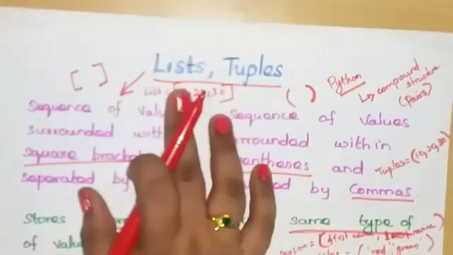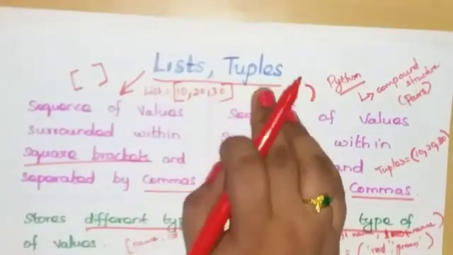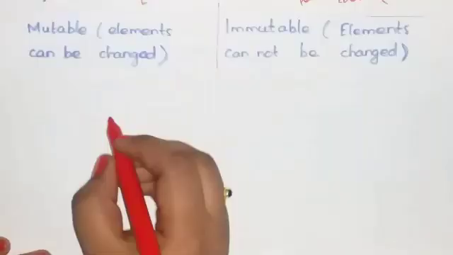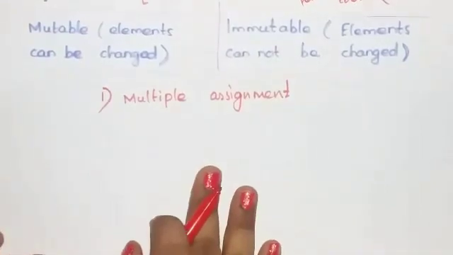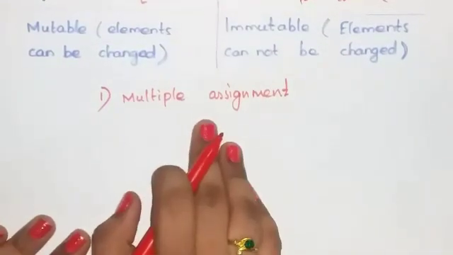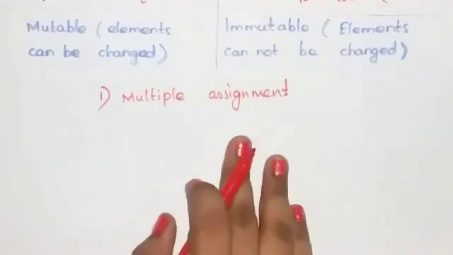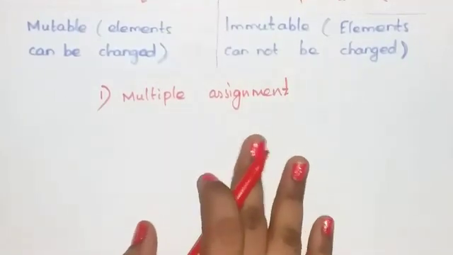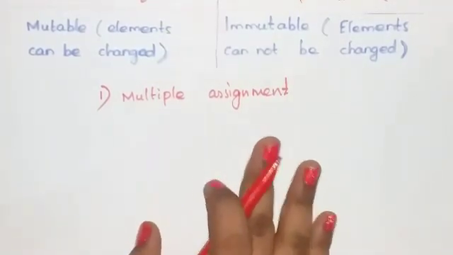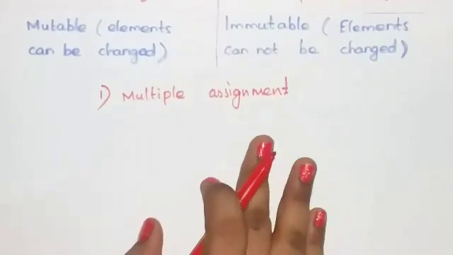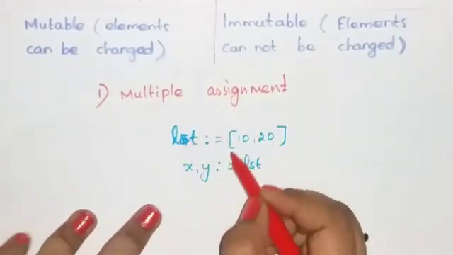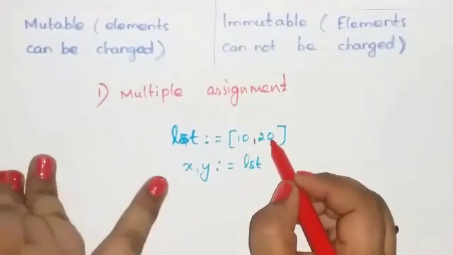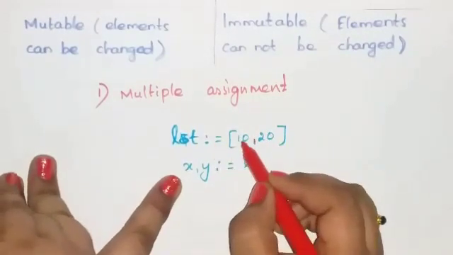Okay. The list and tuples can be accessed in two ways. First way is multiple assignment. What do you mean by multiple assignment? In this way, the elements are stored in a list and each element binds to a different name. For example, this is a list. Here 10 and 20 are the elements that are stored in a list.